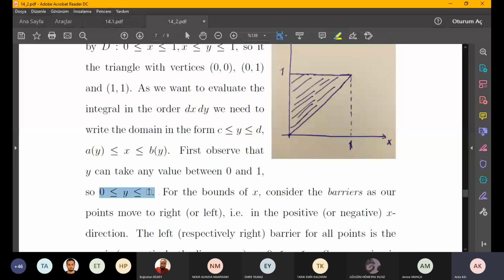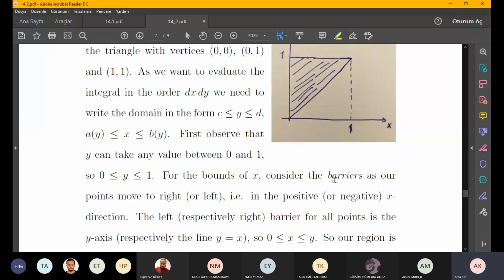And for the boundaries of x, which you have to define in that way, we will consider the barriers as our points move to the right in the positive x direction, then after that, the barriers as our points move to the left, in the negative x direction. This can be shown like that.